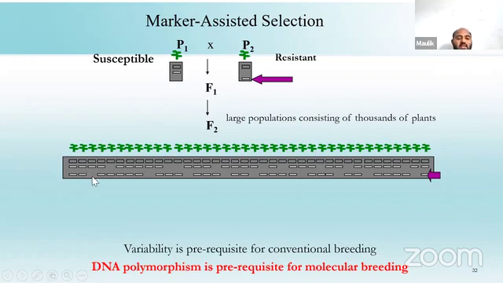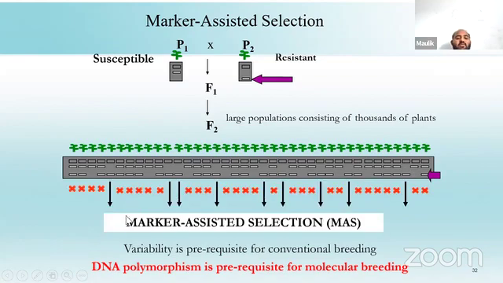See, this is a resistant genotype. These two are also resistant genotypes. We select these resistant genotypes and can develop salinity tolerance. So marker assisted selection is very helpful. How?